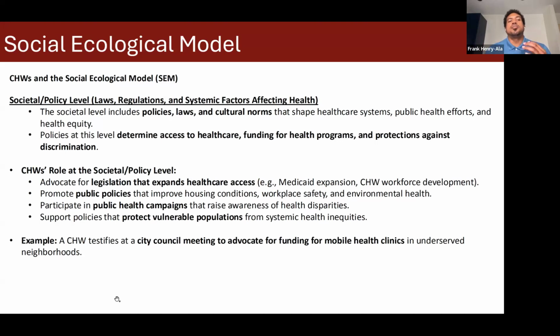Societal and policy level. The societal level includes policies, laws, and cultural norms that shape healthcare systems, public health efforts, and health equity.